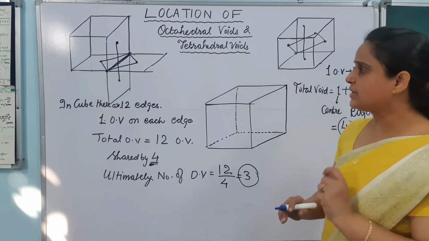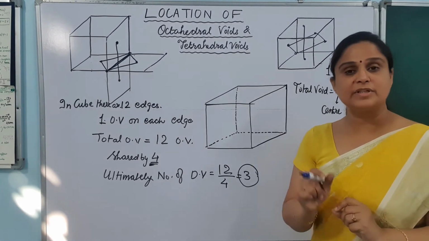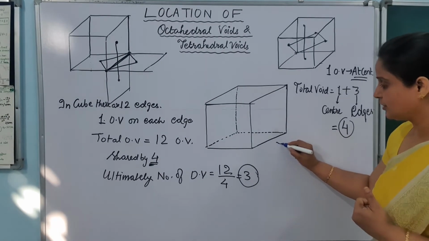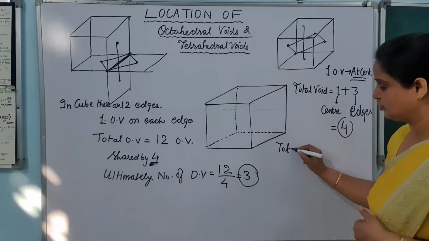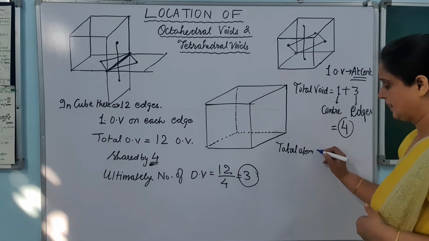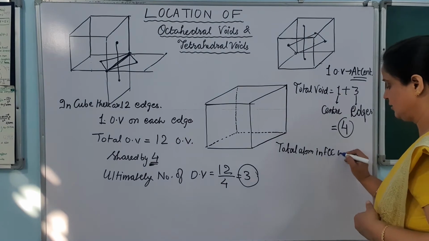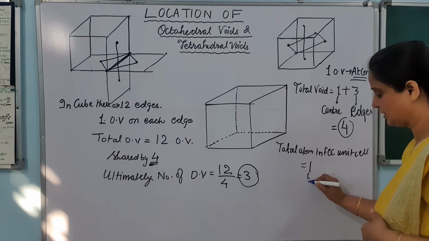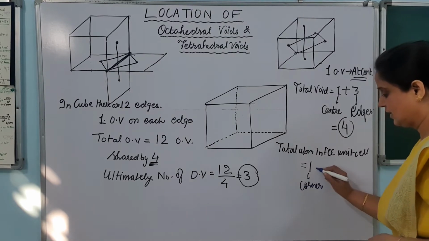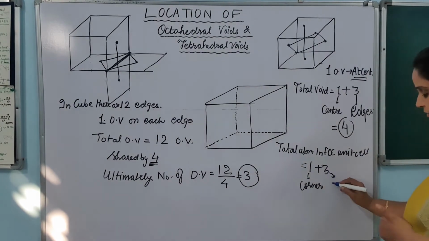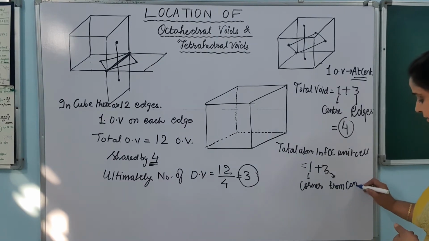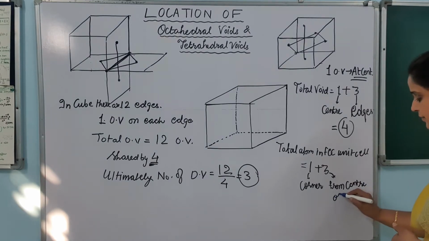So remember, what were the number of atoms in the unit cell called FCC type? We know that total atoms in FCC unit cell, it was 1 from the corner plus 3 from the center of phase.